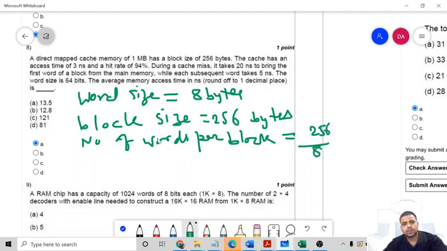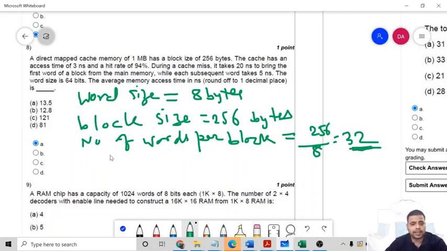So now calculate this. This is 32 words per block.